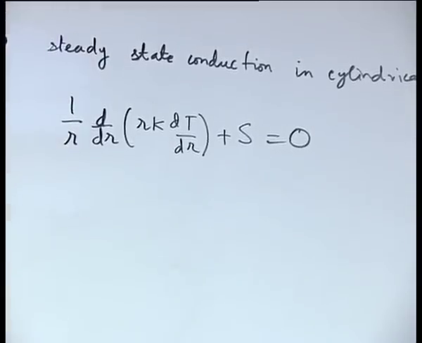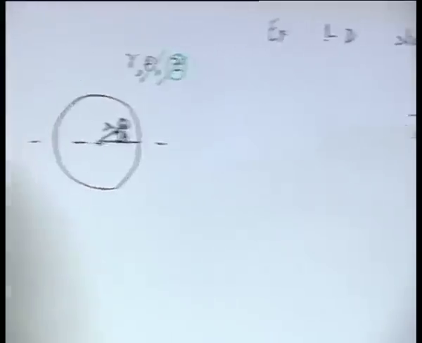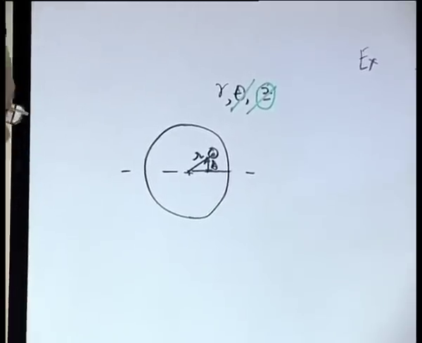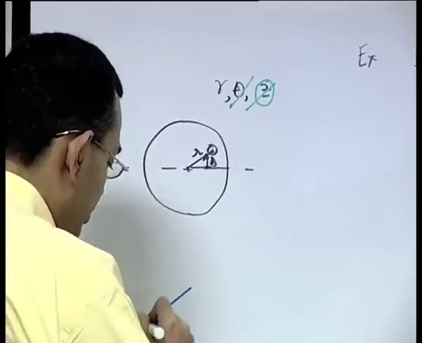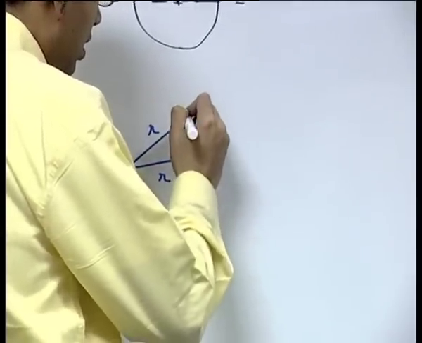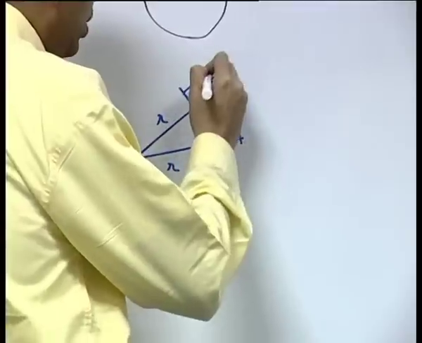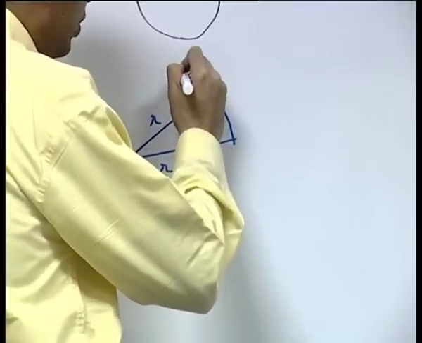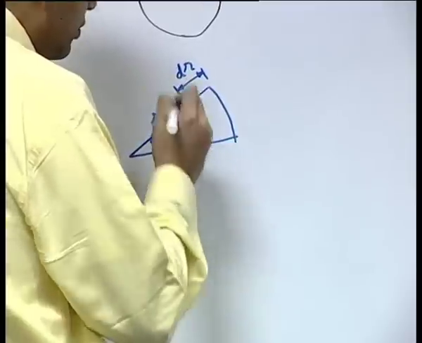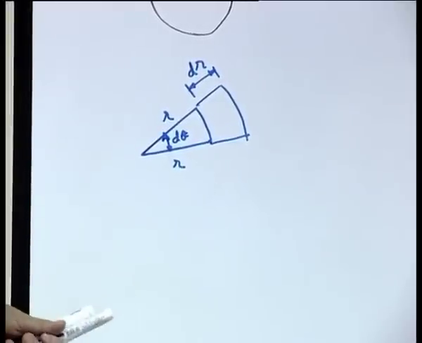So what is an elemental control volume? Say if it was a 2-dimensional system or a 3-dimensional system, then if you consider that there is a radial coordinate r, and you have an element of width dr, and let us say this angle is theta. So what is the dimension of this element?